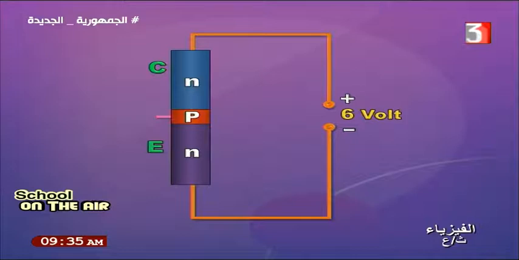The collector is N-type and it is connected to the positive terminal. N-type to the positive, it is reverse biased. So we expect a depletion layer, a resistance which does not allow the passage of the current. So no current flows in such a case.